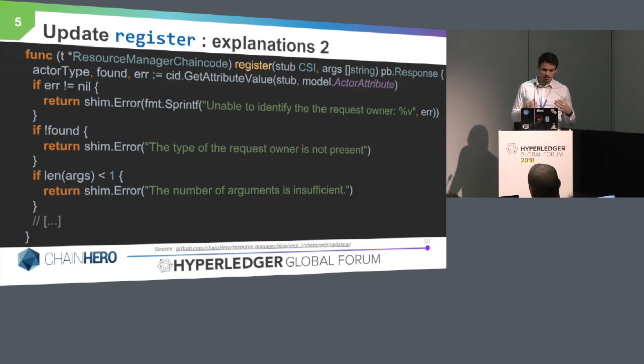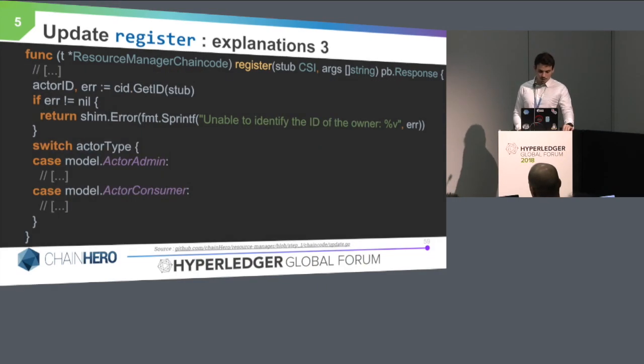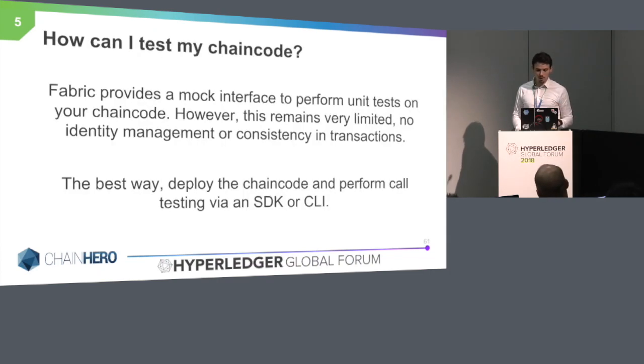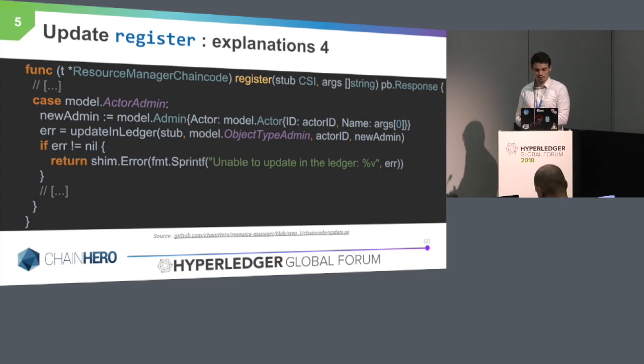So we get the actor type provided in the certificate. Then we get the ID of the certificate, and we store in the ledger the admin information or the consumer information. You can look at the code directly on the file.